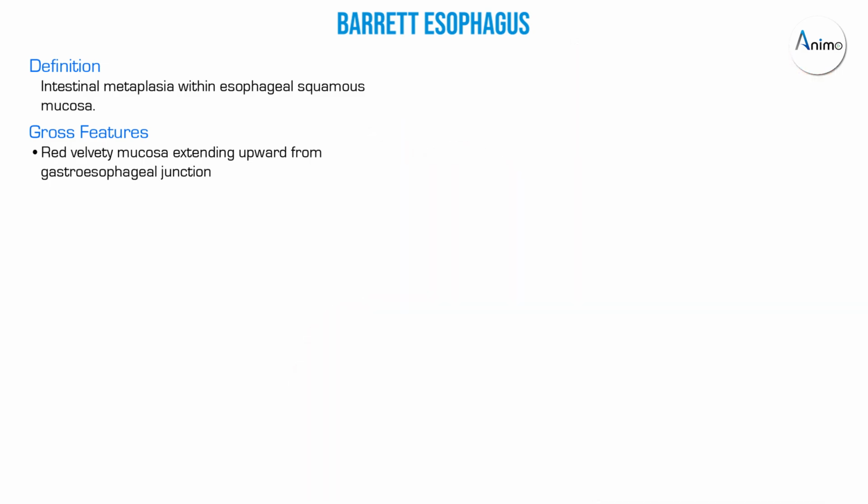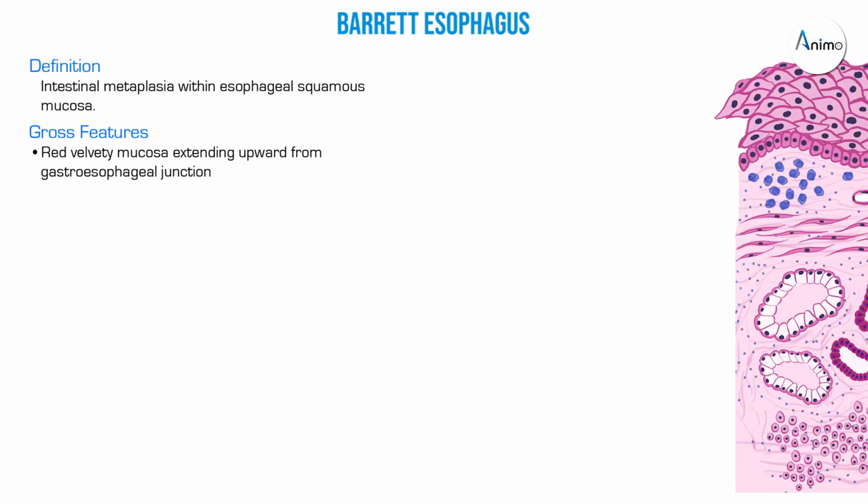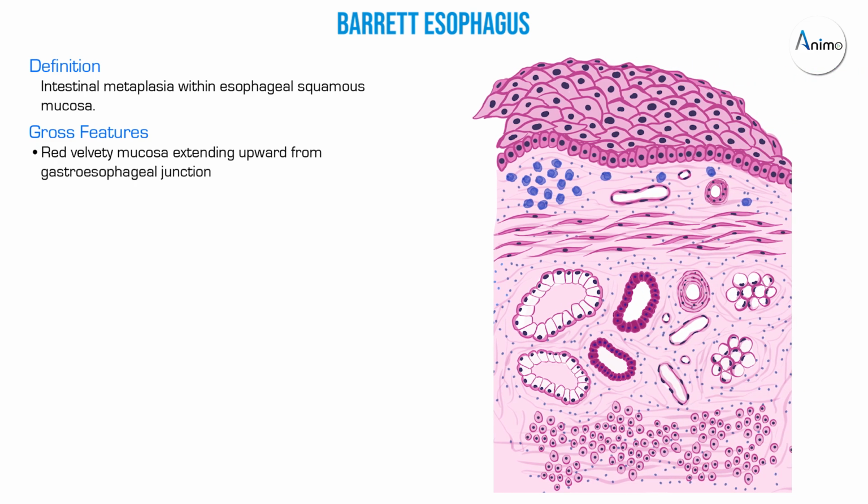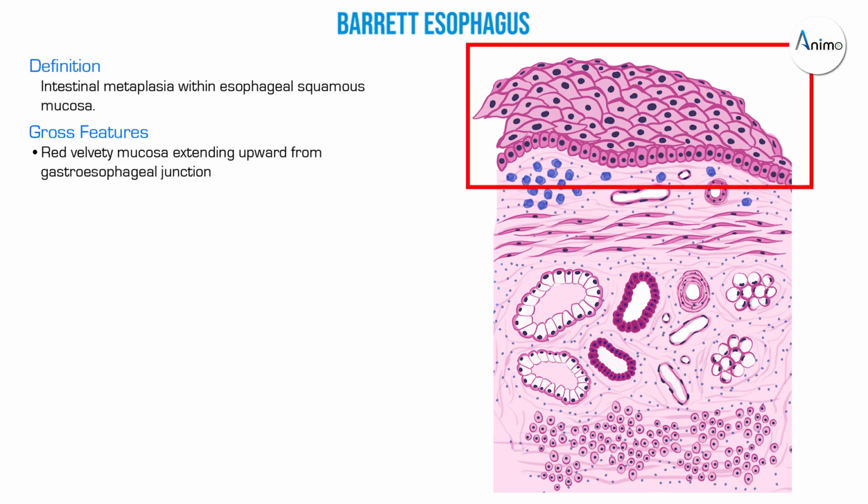Under the microscope, we can see the normal epithelium of the esophagus, which we have described in detail in our histology sections. Here we will discuss only the important part. This is the normal stratified squamous epithelium of the esophagus, a thick epithelium.